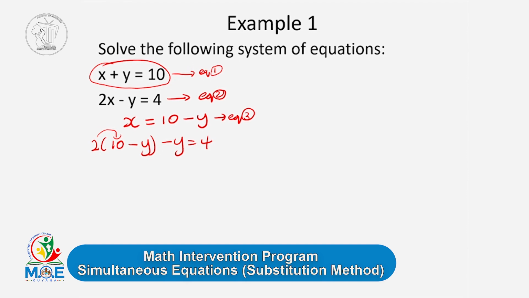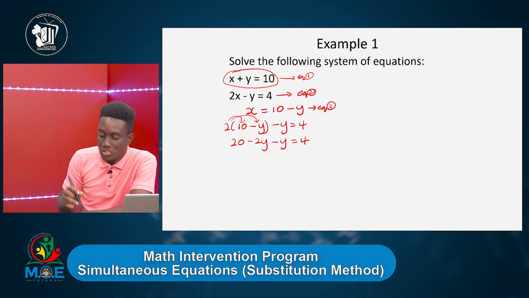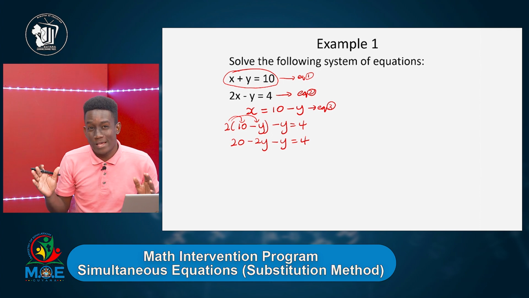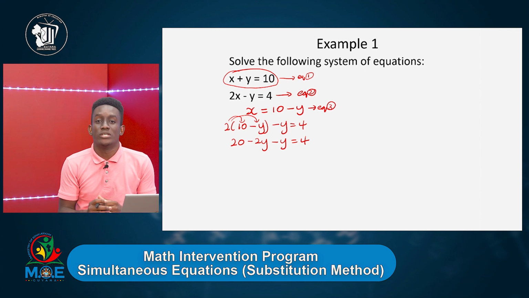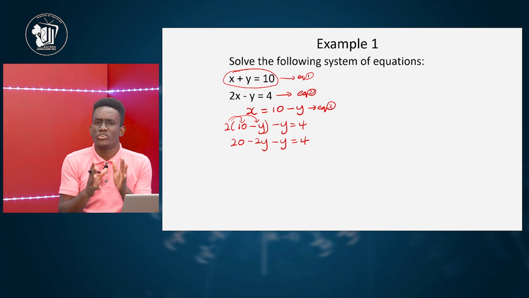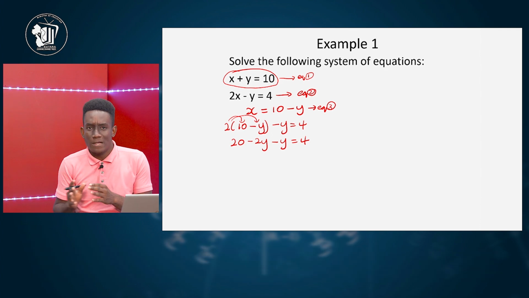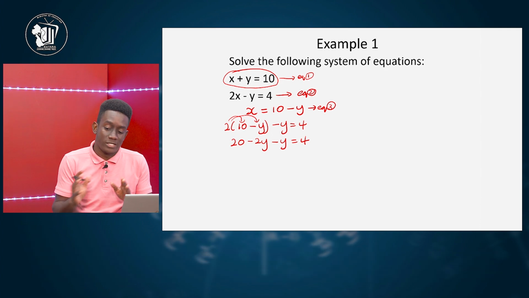So 2 times 10 is 20, and 2 times negative y would be negative 2y, minus y is equal to 4. Now we see we just have y alone. Y is the only variable there. And that was the aim of doing the substitution, so that you're left with one variable. Now you can go ahead and solve that.